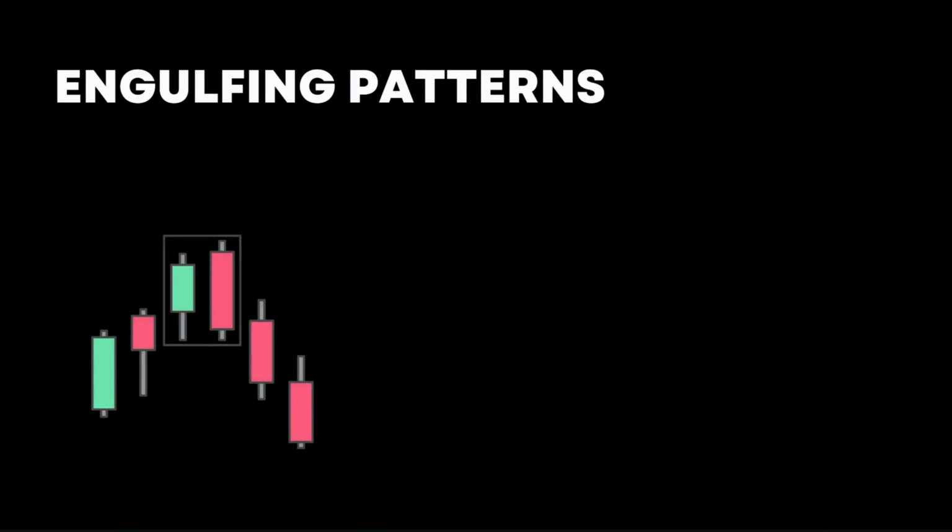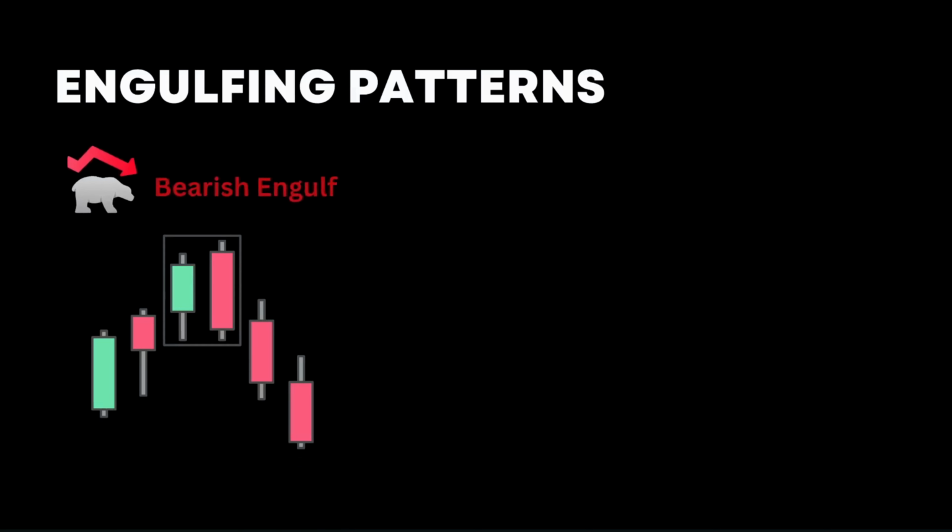The next one I want to talk about is engulfing patterns. As the name suggests, one candle engulfs the other one. For example, if you get a small green candle and then you get a big engulfing red candle, that means the sellers are taking over control and the prices are going to drop and the trend is going to move downwards.